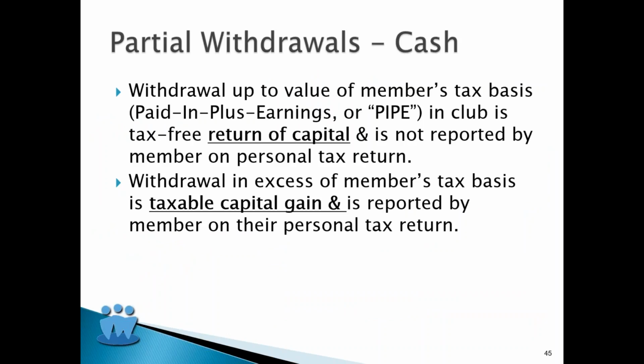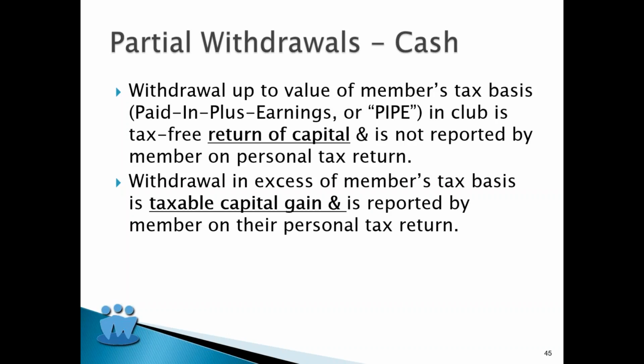Now, in the case of a partial withdrawal of cash, you can take money out of the club because you put money into the club, and you can take out as much as you've put in, which is your paid-in plus earnings: the amount that you've put in and the amount on which you've reported income to the IRS in past years. That's the paid-in plus earnings, or PIPE.